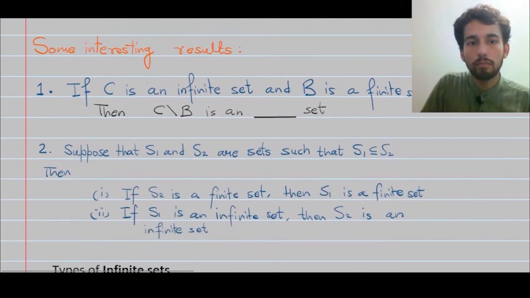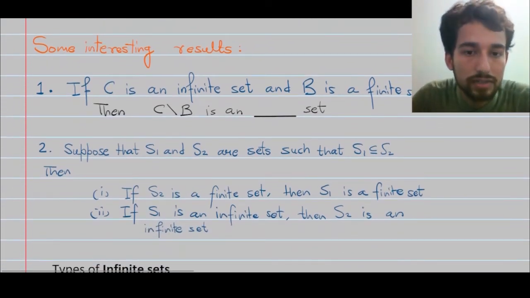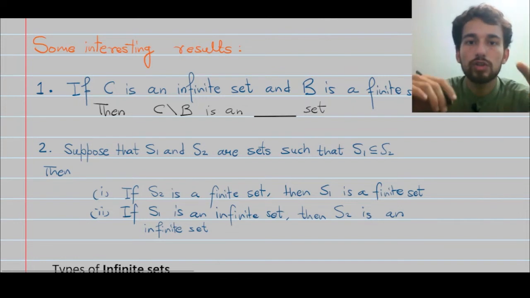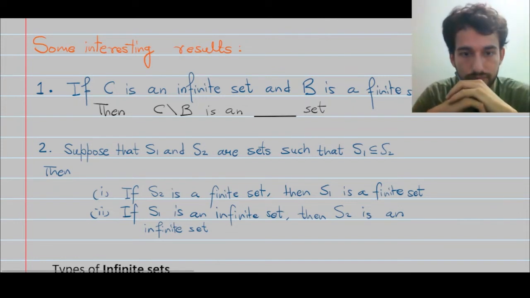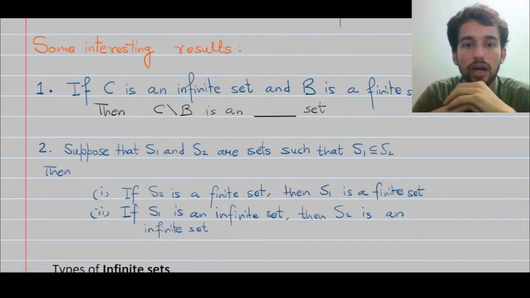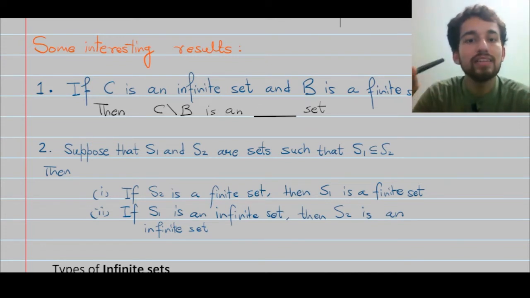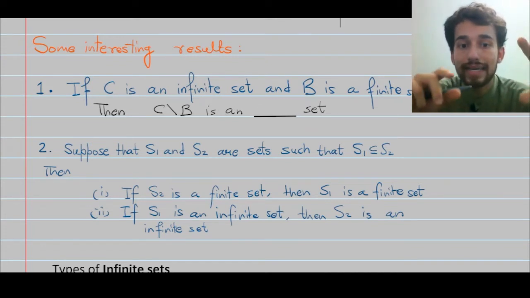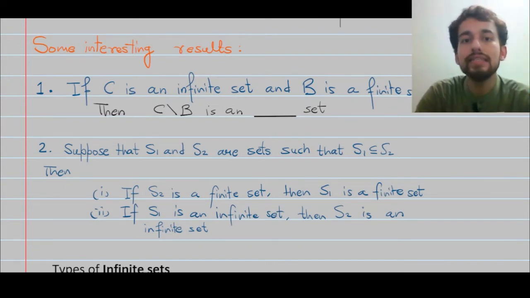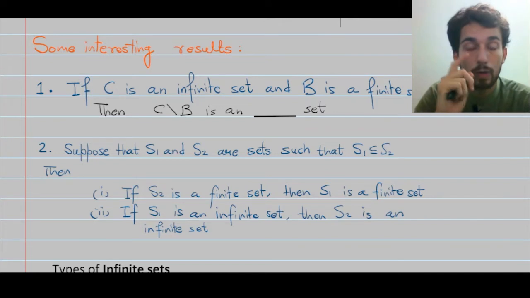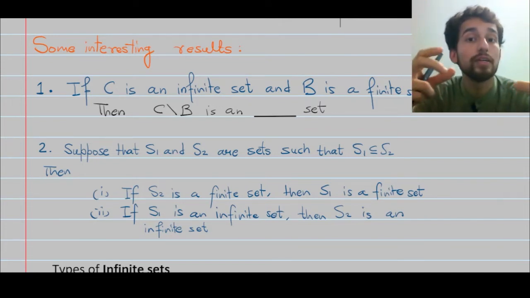Let's now move ahead to some interesting results based on both finite and infinite sets. Let's discuss the first result. It says that if C is an infinite set and B is a finite set, now you are taking the complement of B with respect to the set C. In the last lecture, if you remember, we defined the complement between two sets.